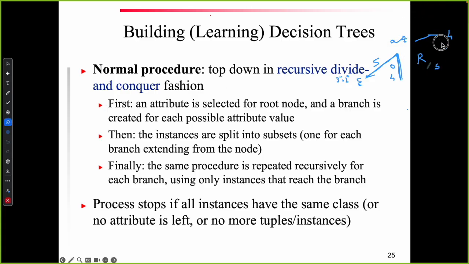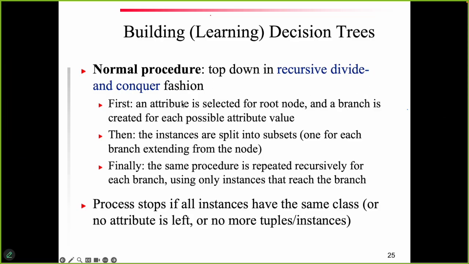When I'm talking about divide and conquer, I mean that you start from the root and go downward. At the beginning you choose one attribute for your root node, then you create branches for each possible value, then you split, and each branch gets the examples that match that branch. Then you repeat the same process recursively for each branch.